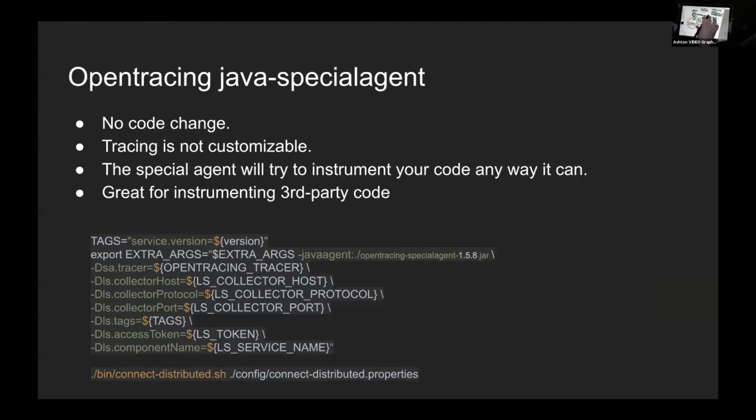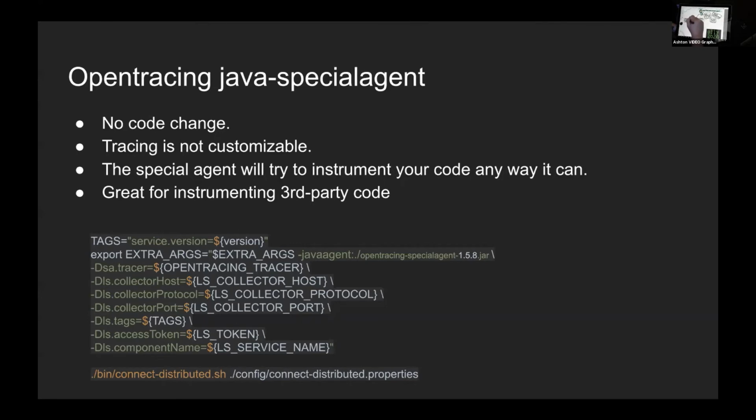The third way that we implemented tracing was with this OpenTracing Java Special Agent. This is a library that takes advantage of the Java Agent API, which allows you to run a piece of code along with your own application and gives that piece of code access to the internals of everything that's going on. A very powerful, potentially scary API, but it's really great in this case because you can make no changes to your Java application.